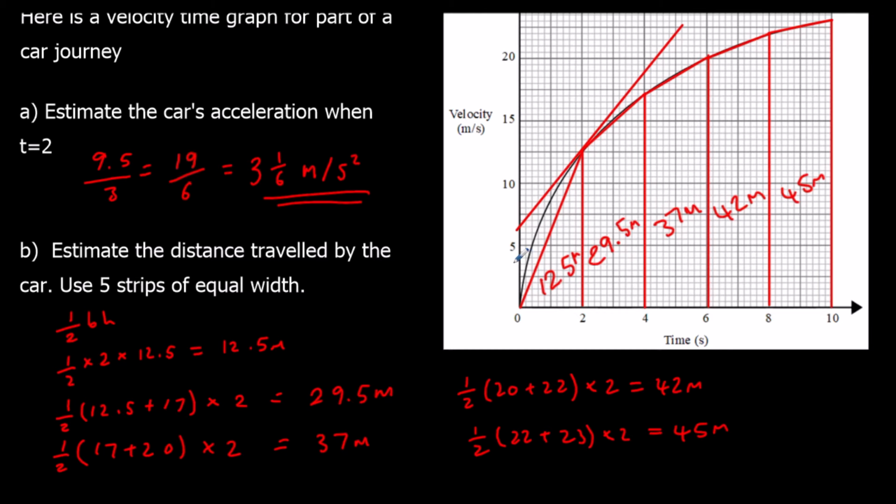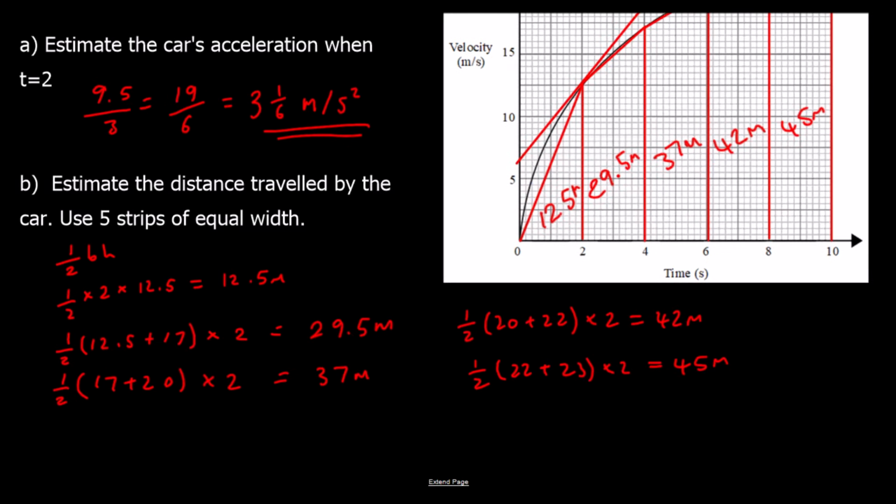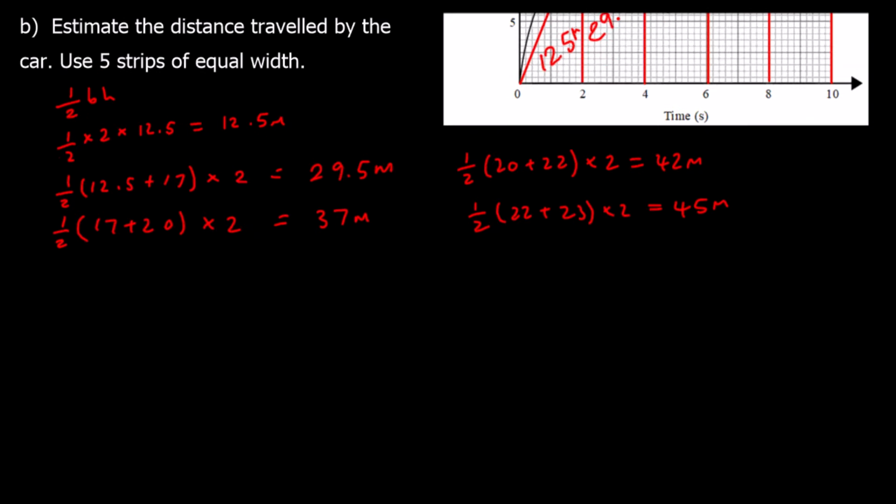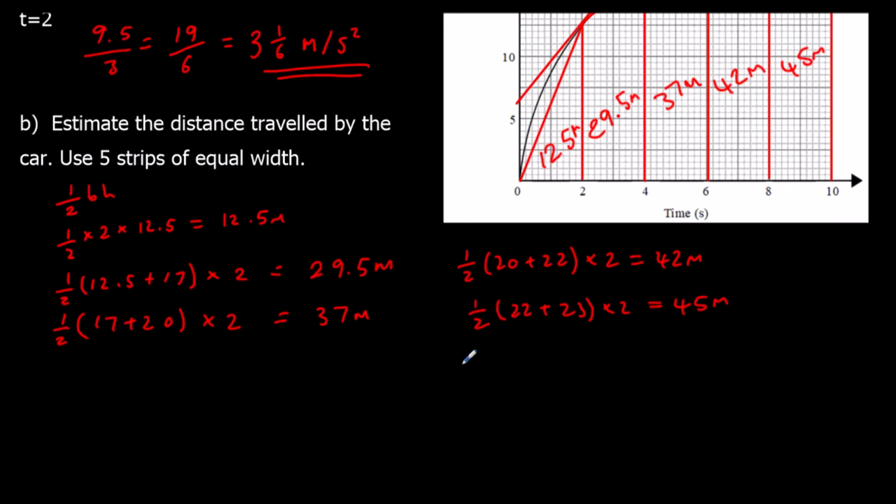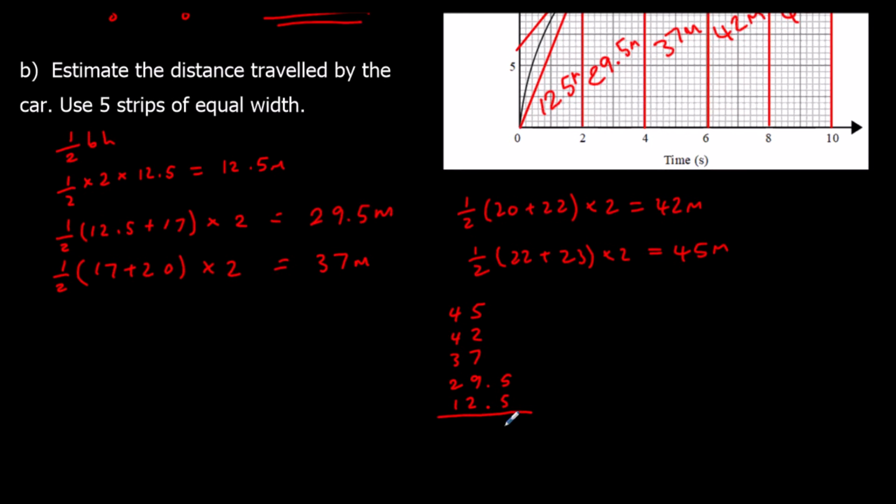So if I add all of these together, I will get my estimate for the total distance. So 45, 42, 37, 29.5, and 12.5. So 5 and 5 make 10. I've got 9 plus 1, which is 10, plus 2, so 12, 19, 21, 26.